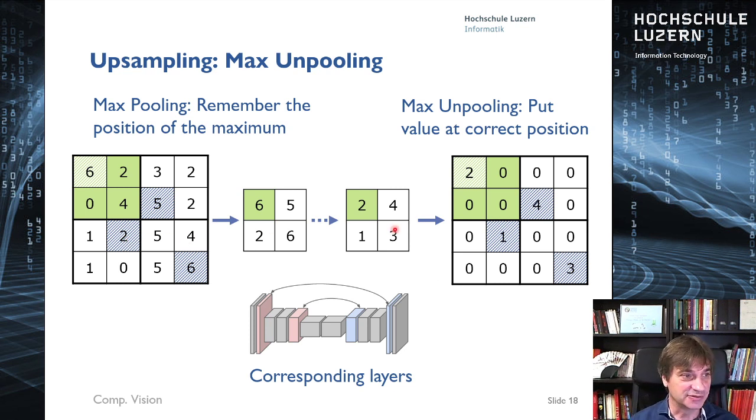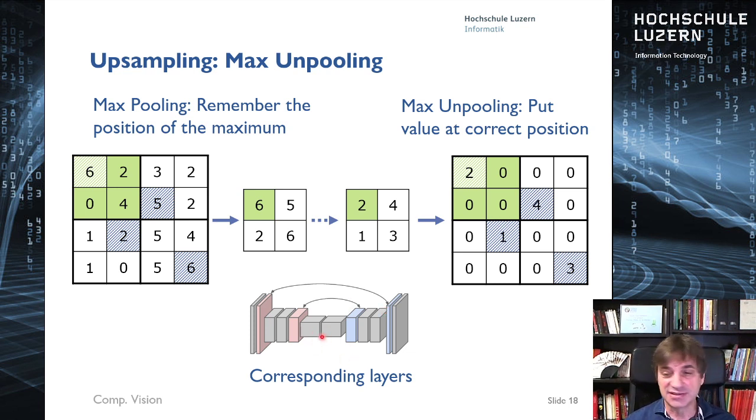In order for that to work, you have to remember that, and you need a kind of reference to the layer where you took the max pooling from and the layer where you applied the unpooling. So it needs to be symmetrical, or it could be symmetrical.